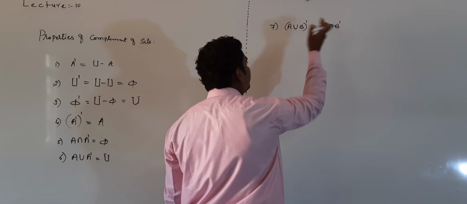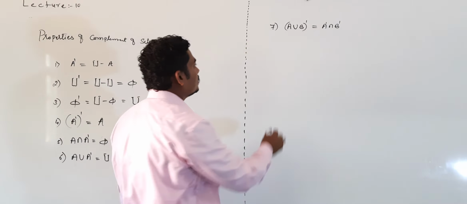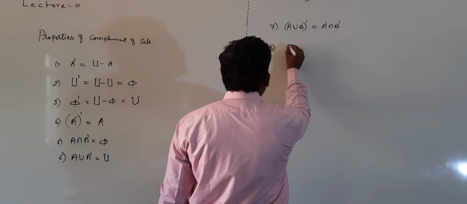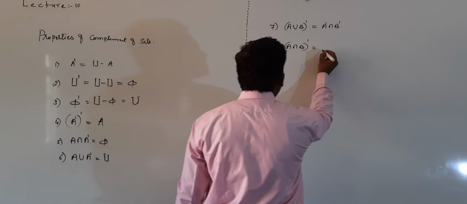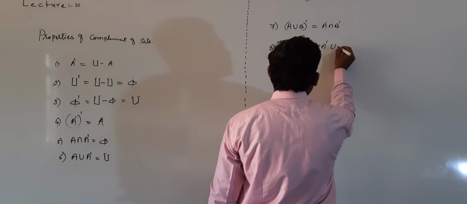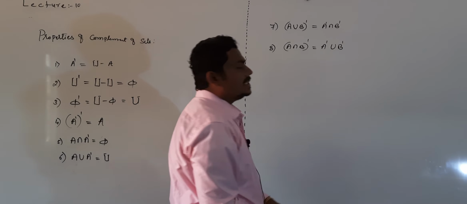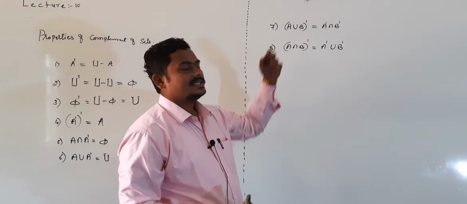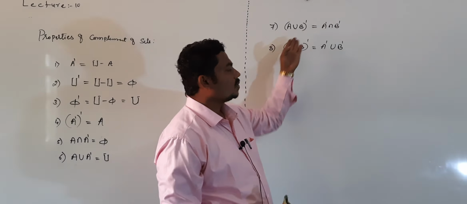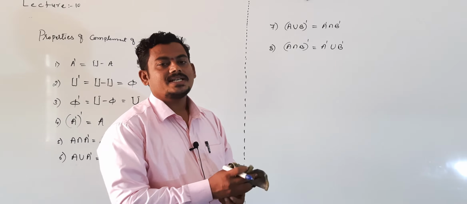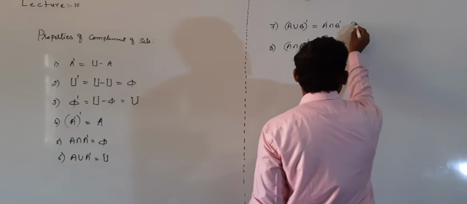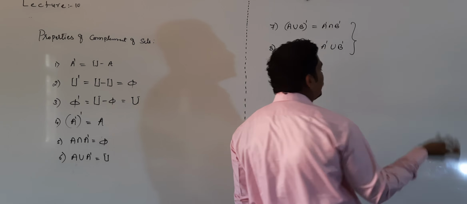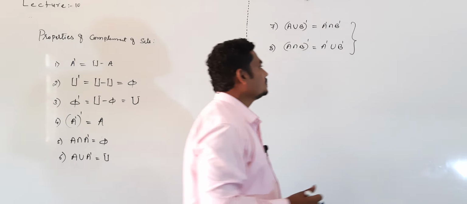Here union is there, it becomes intersection. And next one, A intersection B whole complement is equal to A complement union B complement. These two identities, these two rules, or these two properties are called De Morgan's laws. De Morgan is one of the scientists.